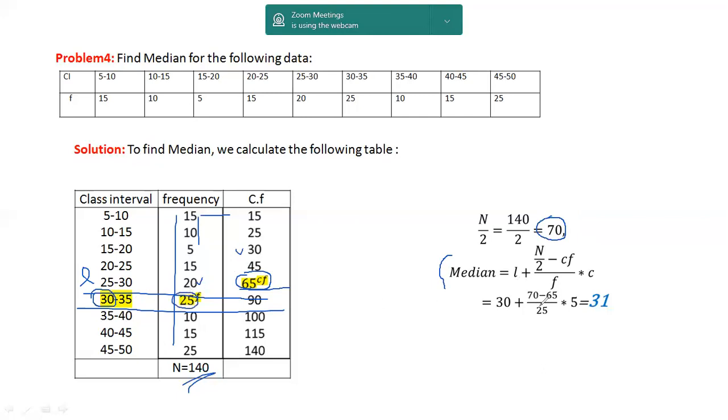So the frequency is 25, and the class interval width, that is 5 to 10, 10 to 15, is maintaining a standard width of 5. So the class interval width is 5.